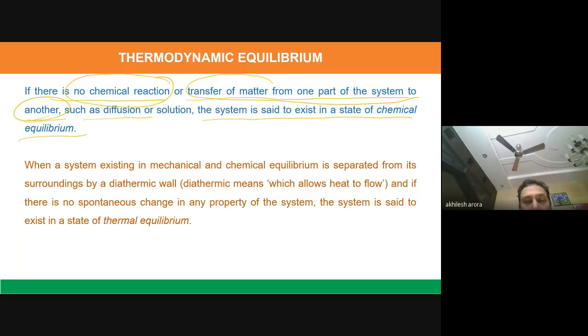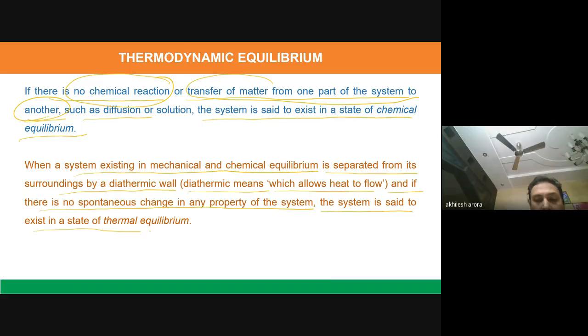And the third very important part is the thermal equilibrium. Thermal equilibrium means that when a system is existing in mechanical and chemical equilibrium, and it is separated from its surroundings by a diathermic wall, diathermic meaning one which allows heat to flow, and there is no spontaneous change in any property of the system, it is said to be in a state of thermal equilibrium.